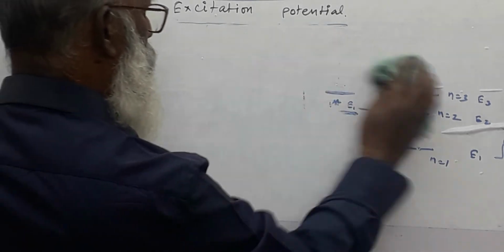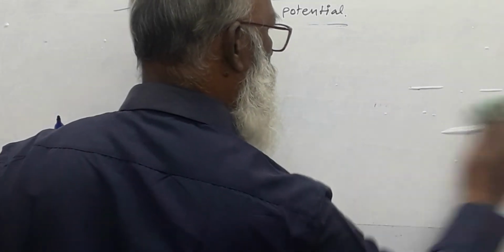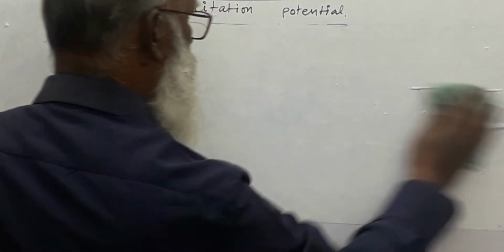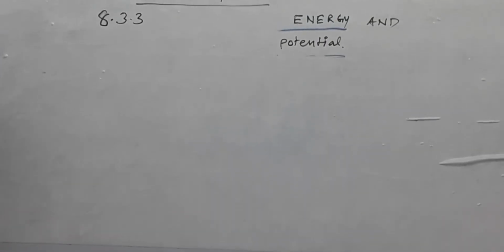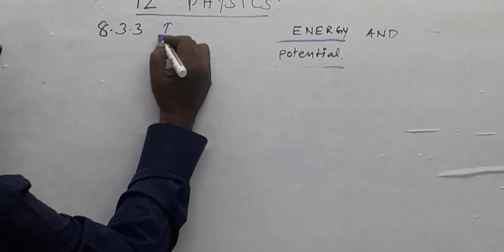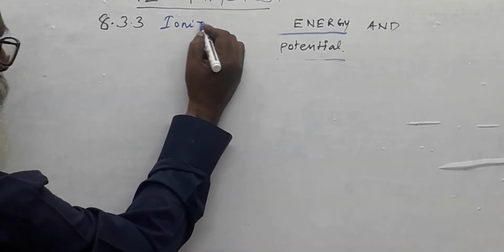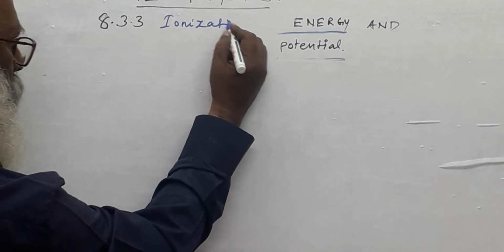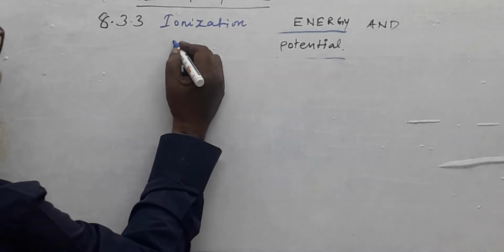Now, next, what is meant by ionization energy and ionization potential? Instead of excitation, we have to derive an expression for ionization. Ionization energy and ionization potential.